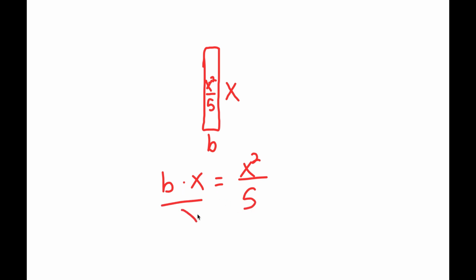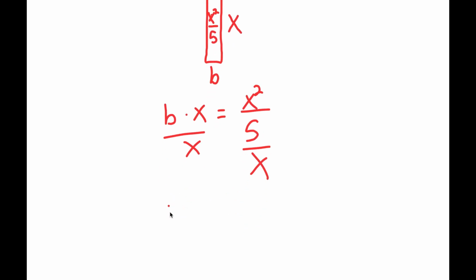Now if I divide both sides by x, I get that b is equal to x over 5, because x squared divided by x is just x.